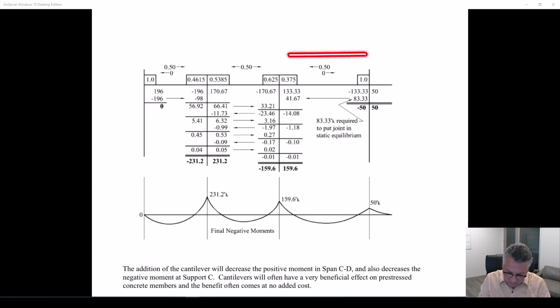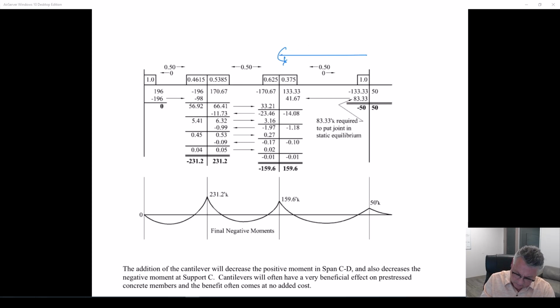And this may be hard. Let's use real pen. Remember, we were rotating that joint. We were rotating that.